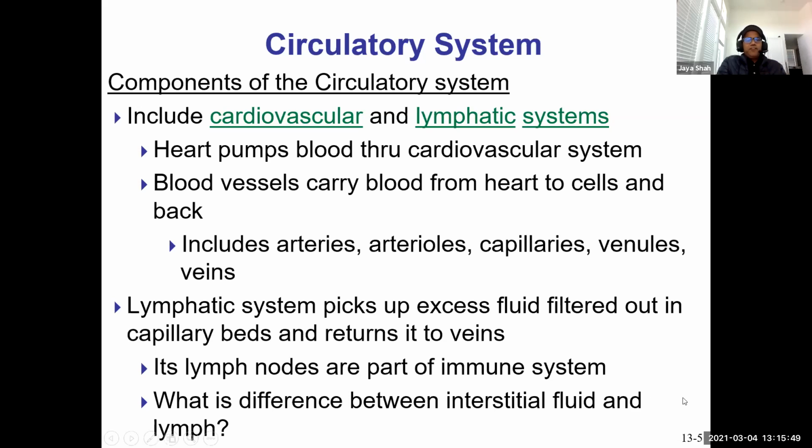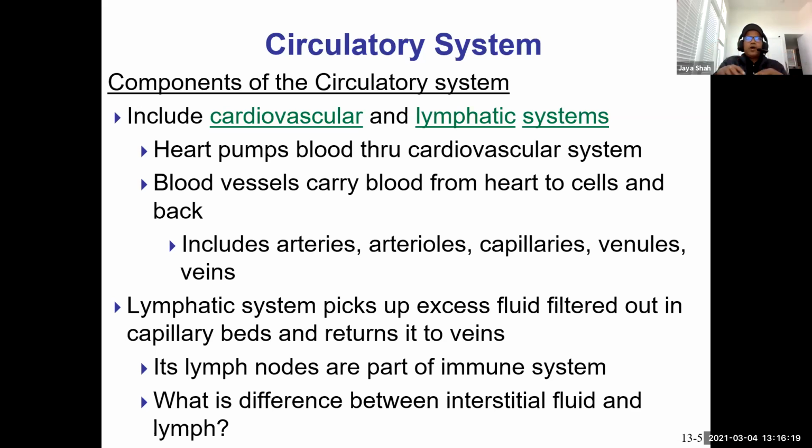On the other hand, the lymphatic system picks up excess fluid filtered out in capillary beds and returns it to veins. So as I said earlier, when the heart gives off large arteries, branching of those arteries forms the tiny capillaries. And that's the location where there is exchange of gases, nutrients, waste products, and water.